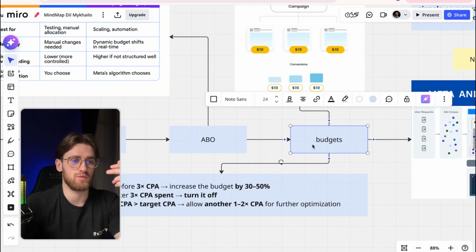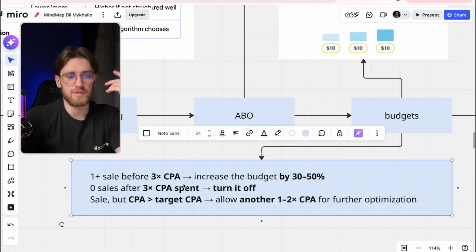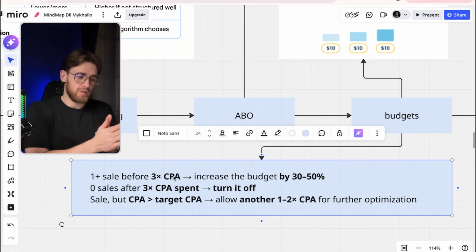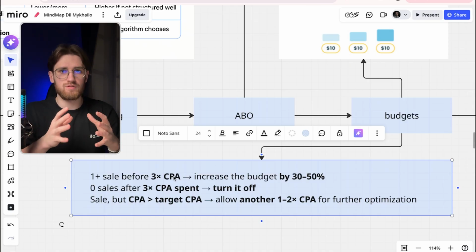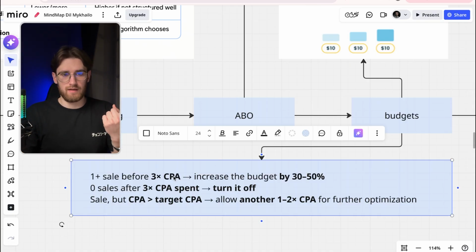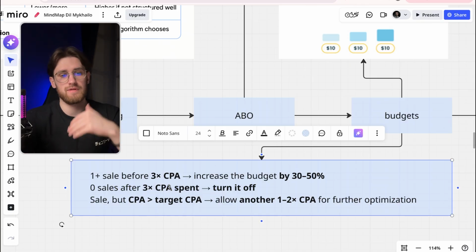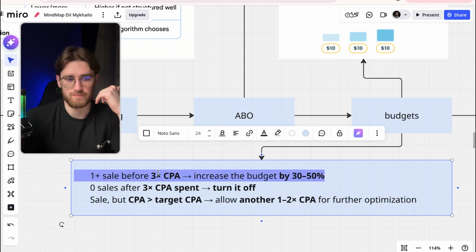Which rules do we have? This is why we work manually. We have our CPA, so cost per action, and we set 3 CPAs per each audience. If this audience doesn't bring us even one sale, we turn off this campaign. But if it gets us sales, we can even increase the budget.